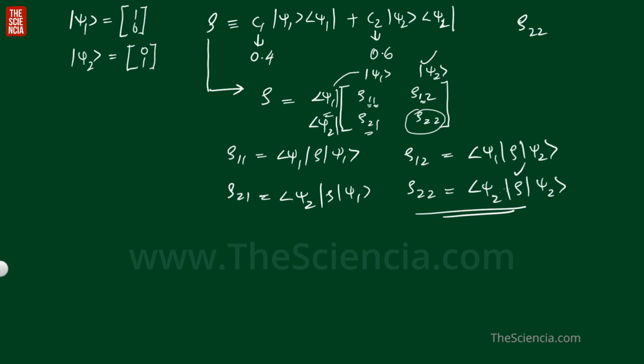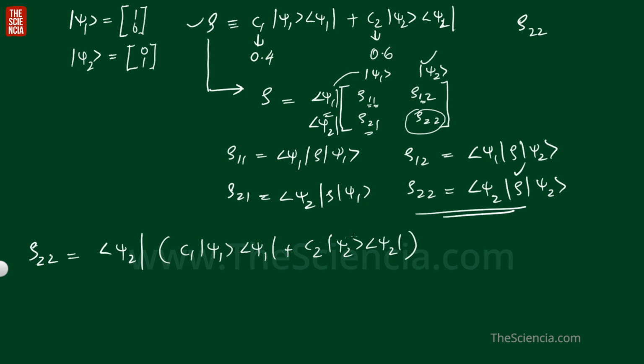You have to just substitute that value here and find out rho 2 2, which is equal to bra psi 2 into this same rho, that is C1 ket psi 1 bra psi 1 plus C2 ket psi 2 bra psi 2 into ket psi 2, right?